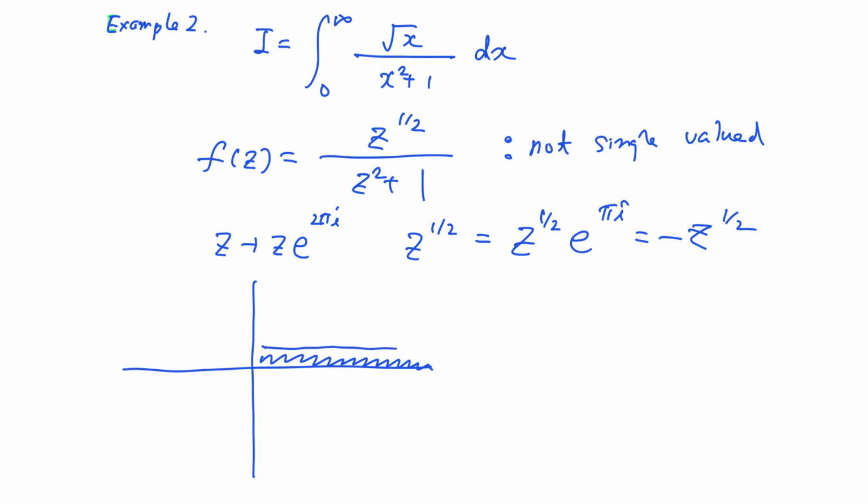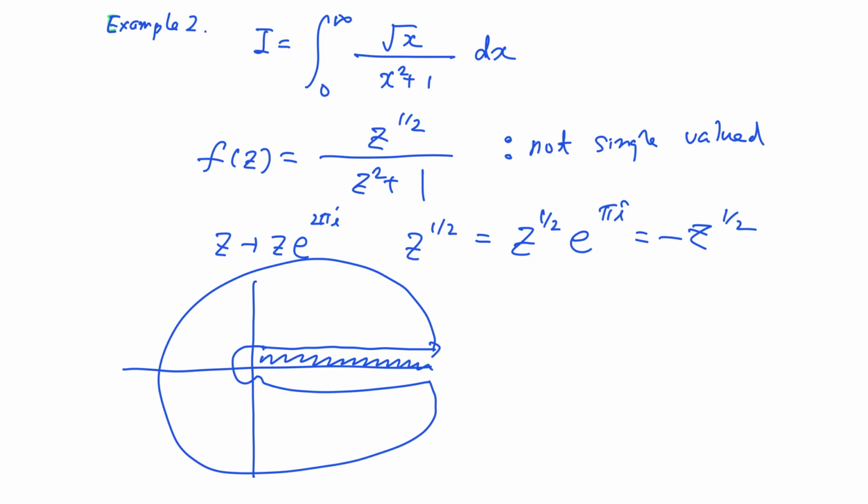So here we have C1, C2, 0, C3. And where are the poles?